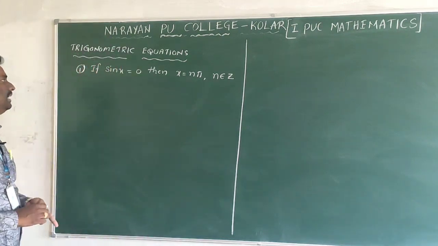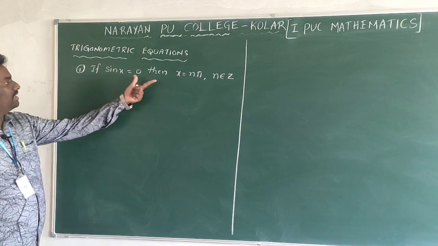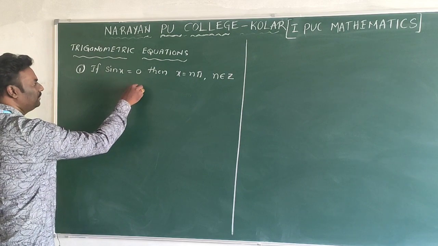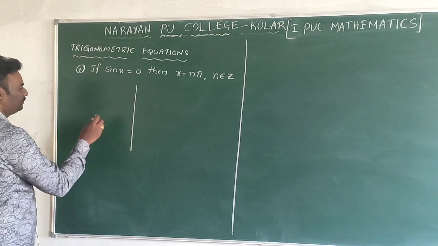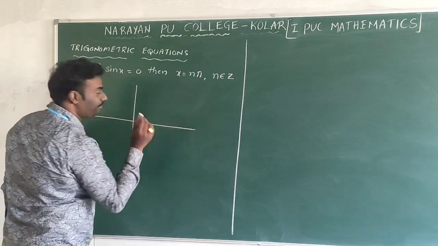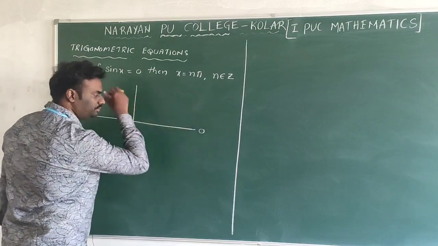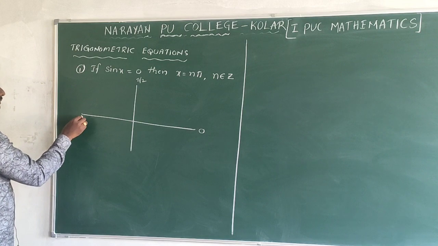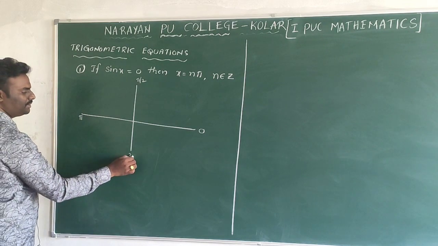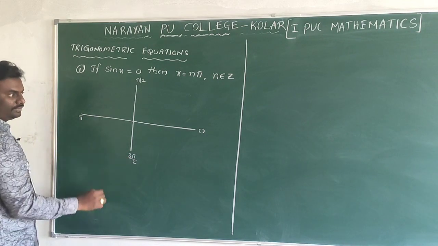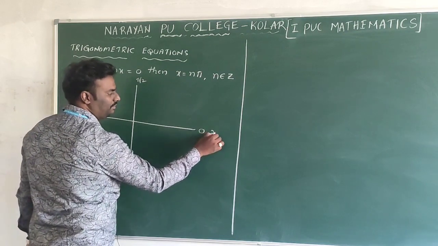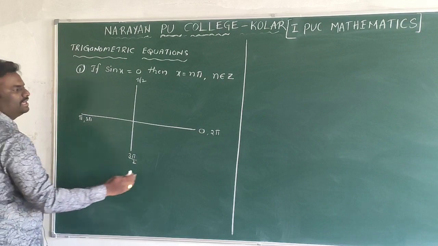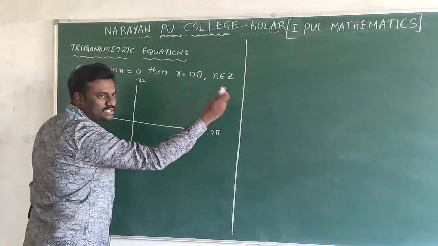Listen, I will explain why the general solution will be n pi. If you take the quadrants, this is 0, this is pi by 2, this is pi, and this is 3 pi by 2. Again here 2 pi will come, again here 3 pi will come; here even multiples will come, 4 pi, 6 pi, like that.